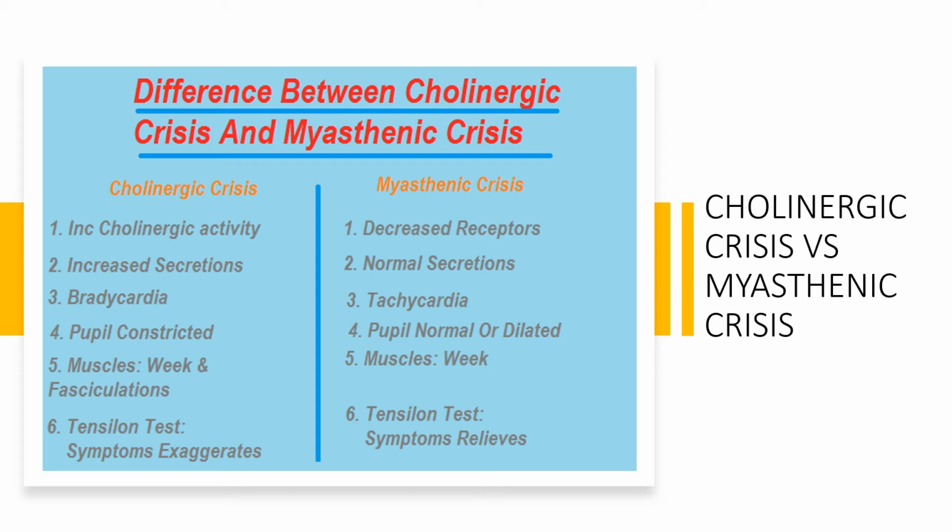A myasthenic crisis just means that someone has either stopped taking their medication and they know they have myasthenia gravis, and they get very weak and get all their symptoms of myasthenia gravis back, or someone presents for the first time, not knowing they have myasthenia gravis, but presenting with all the symptoms: the droopy eyes, the weak facial muscles, difficulty swallowing, the weak arms, weak legs.